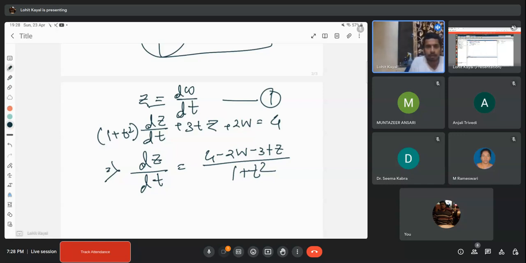Yeah, now we are ready. Here x naught is a vector, so I need to specify w of 0 and z of 0. Suppose w of 0 is 1 and z of 0 is 0.5. Span, let us take 0 to 5.